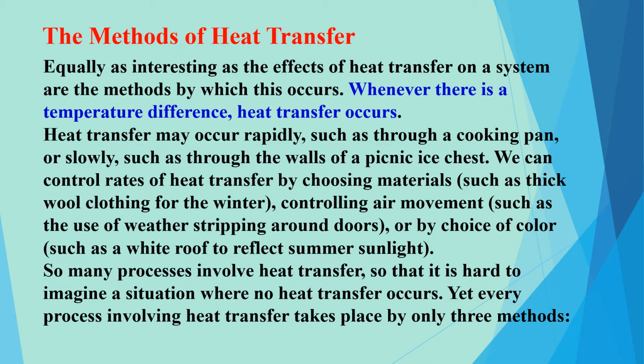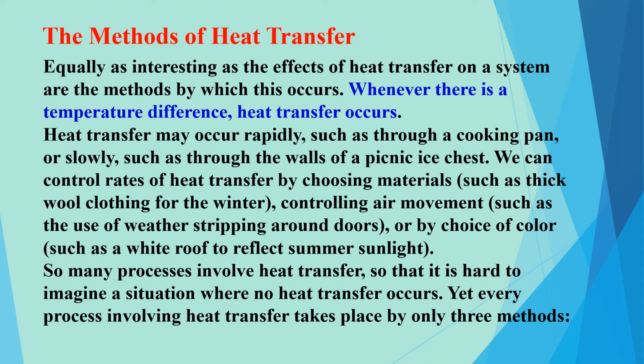We can control rates of heat transfer by choosing materials such as thick wool clothing for the winter, controlling air movement such as the use of weather stripping around doors, or by choice of color such as white roof to reflect summer sunlight.